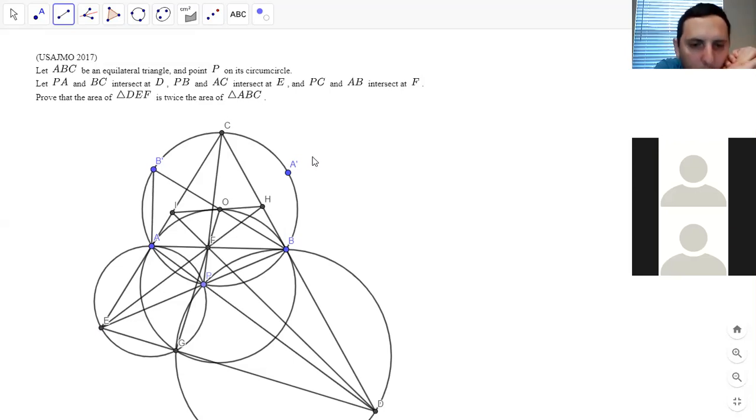Someone tells that AP is the angle bisector of FPE. So yeah, AP is the angle bisector. Yes, and so PI is an angle bisector of CPA. So PI and B prime are collinear. Oh, because B prime is the midpoint of this arc. I see how it works. And so you calculate AI over IC, and you can show it's AP over PC. Interesting. Okay, so those are collinear, and then those are collinear. And so by Pascal's theorem, I, O, and H are collinear.